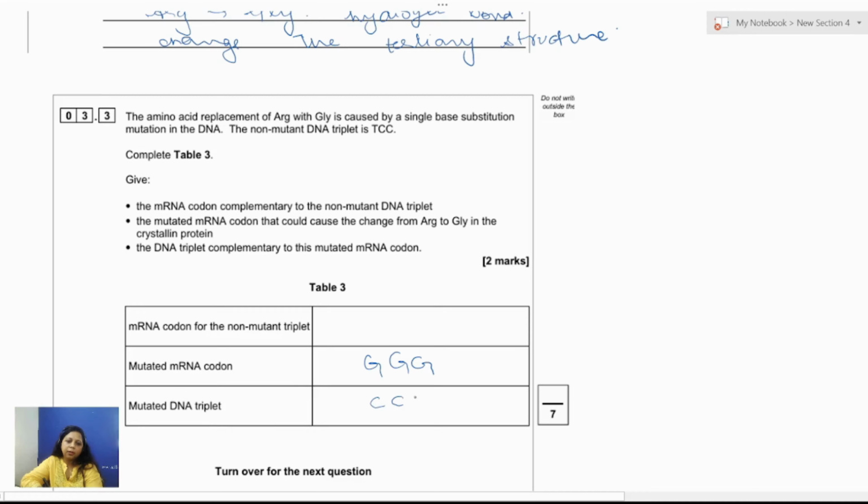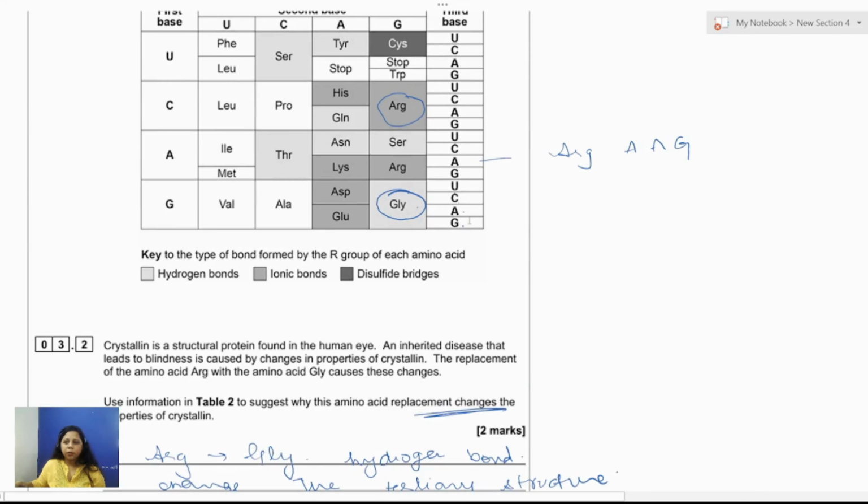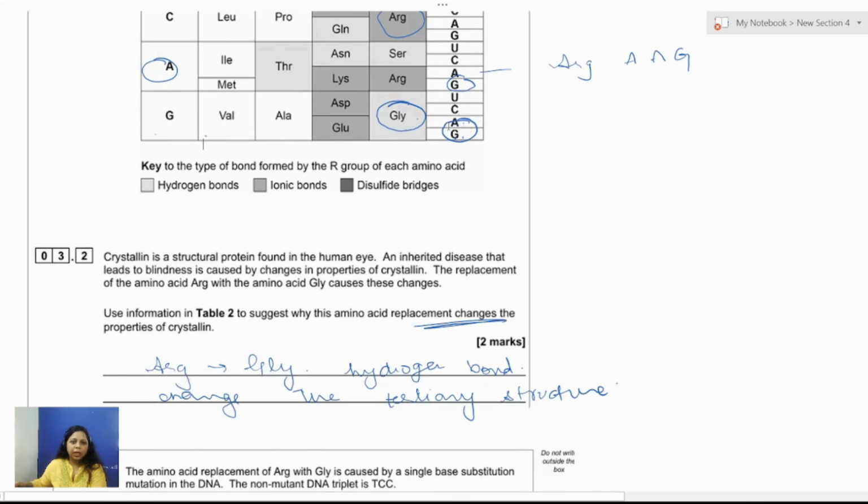Yes, complementary to this one. Okay, what would be the mRNA codon if I look at this? Wait, wait. If we discuss these two, it would be A, G, and G. So it would be G, G, and G that we have mentioned. This is how we make codes, right? First take from this one, then from this one, and then from the last one. Okay. So it would be A, G, and G.